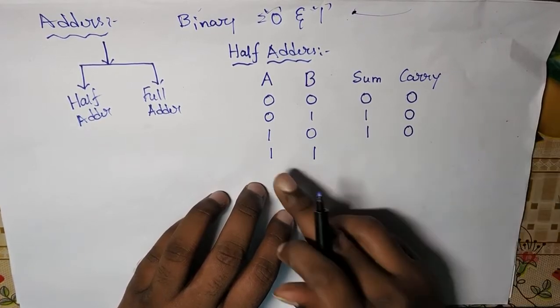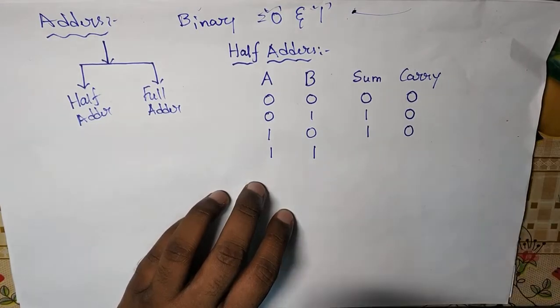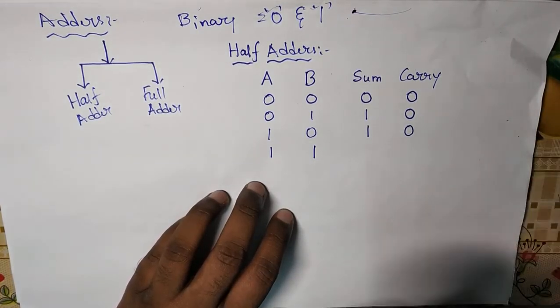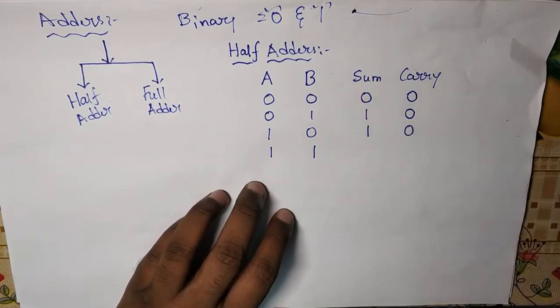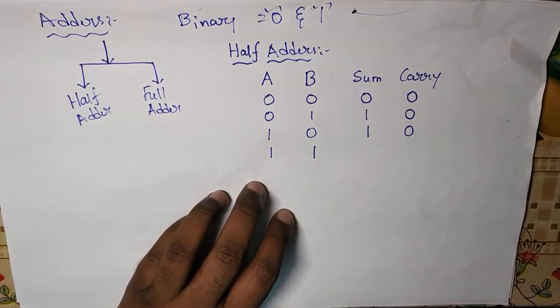And here 1 1. Whenever you add two ones, in decimal 1 plus 1 is equal to 2. In a logical OR operation, the value would be 1. But since it is a mathematical addition, 1 plus 1 is surely equal to 2, as per our decimal.